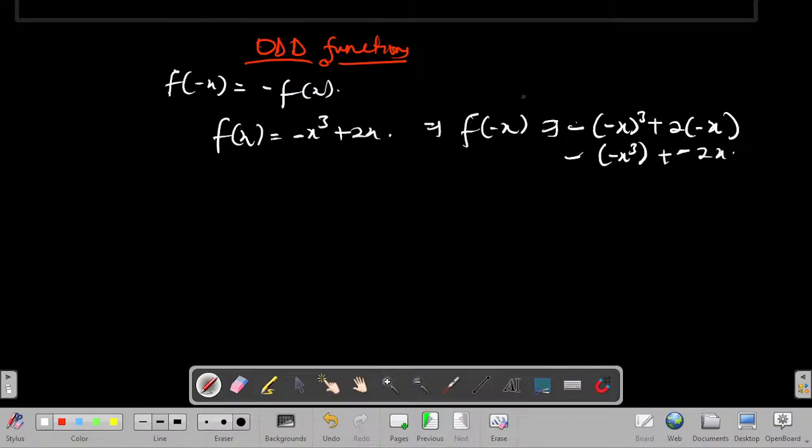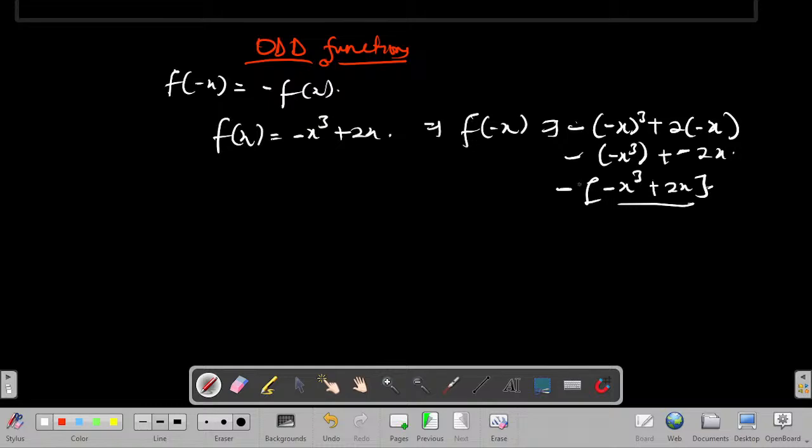At this point, since you have negative here, you factorize that negative out and you get negative of x cubed plus 2x, like this. Therefore, you can clearly see that we started with negative x cubed plus 2x, and we are getting the negative of that whole expression. Therefore, our function is an odd function.